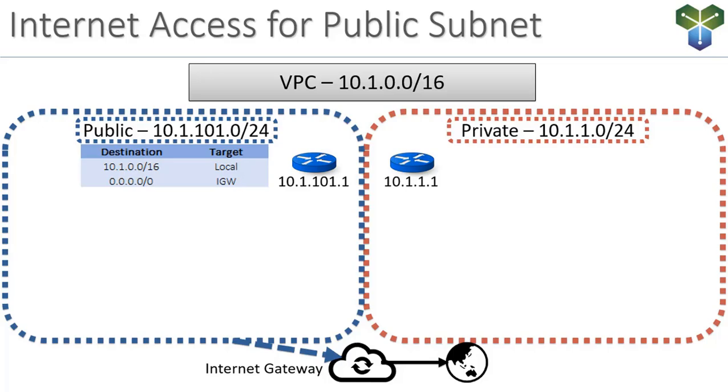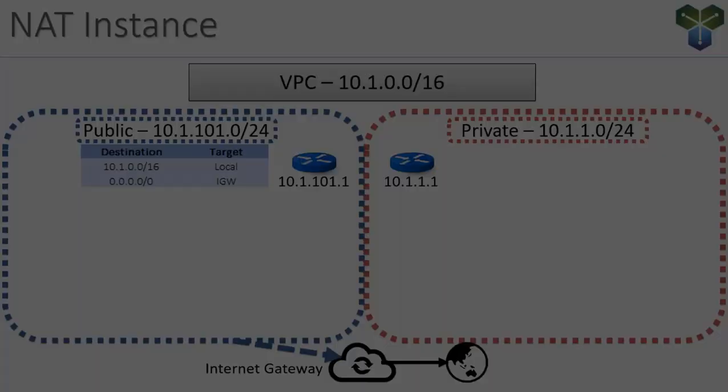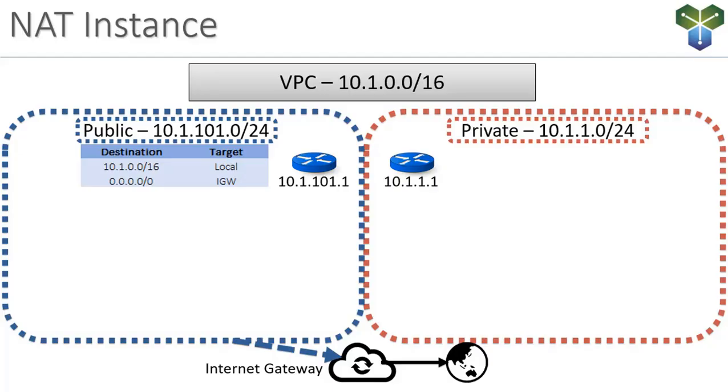However, instances in the private subnet, they don't have a route to the internet gateway, and therefore they do not have internet access. So we're going to learn how to use a NAT instance to give those private instances access to the internet. And so right now, our starting point is the main route table for the VPC. I've created a subnet.